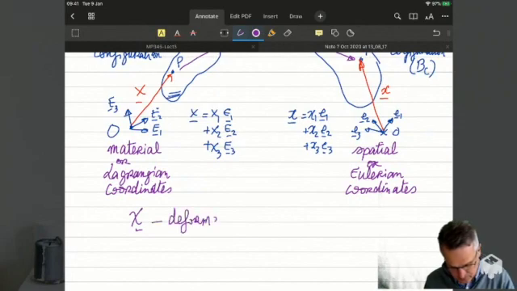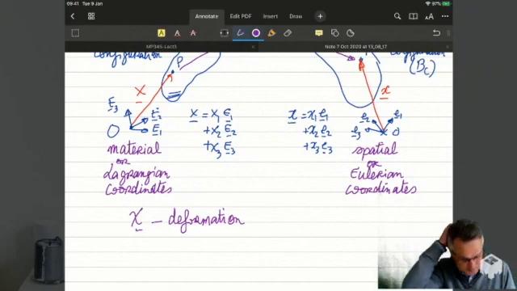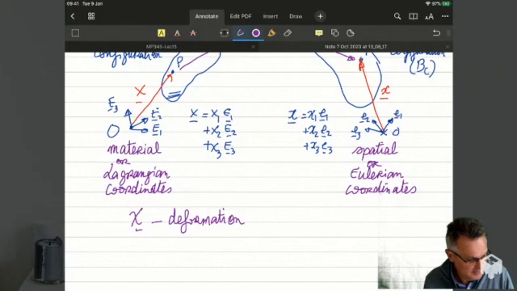The deformation. And if it depends on t, it's called the motion or moving deformation.